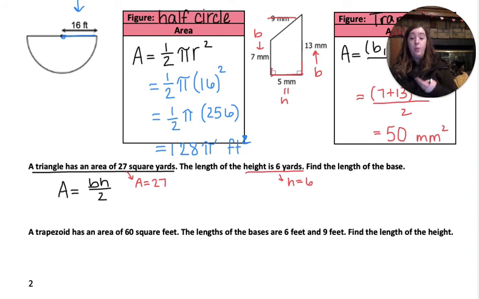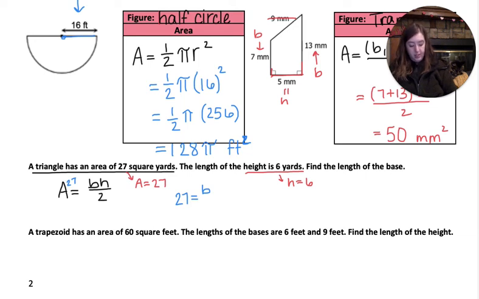So now we'll plug in what we know. We know that A was 27, so 27 will go in for that. We don't know what the base is, so I'm going to leave that as B. Then it just told us that our height was 6. And then we're going to divide that by 2. So now we're going to start solving for B. Let's get rid of that 2.